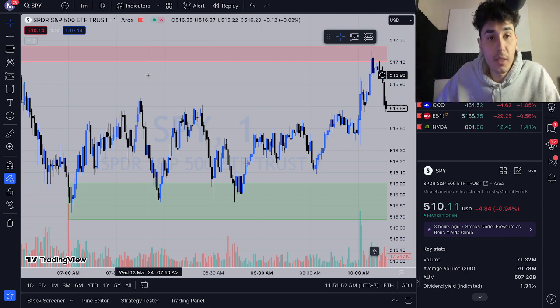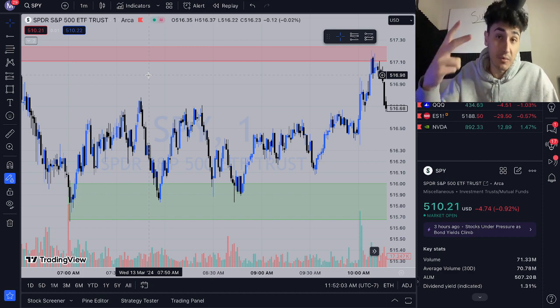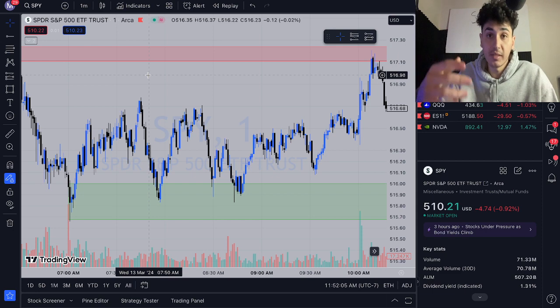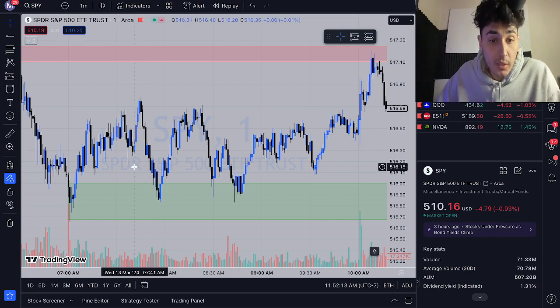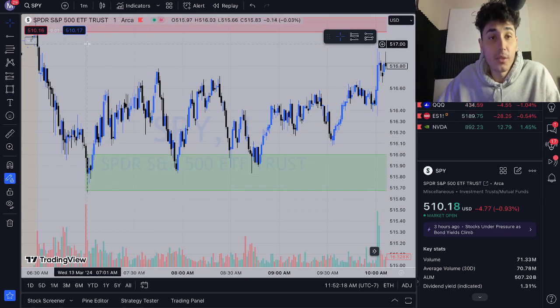Because what these 1-minute zones are going to do, if we find them, is give us A, extra confirmation for the trade, and B, a more accurate, refined entry so we can really catch the best trade possible and not miss the move, while also having a respectable amount of risk on that trade. So I'm going to look for a 1-minute demand zone inside of our 5-minute demand zone.